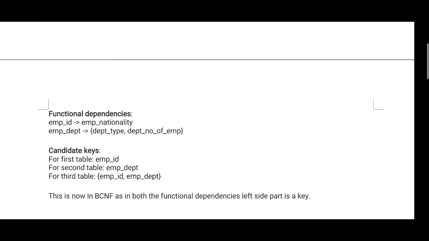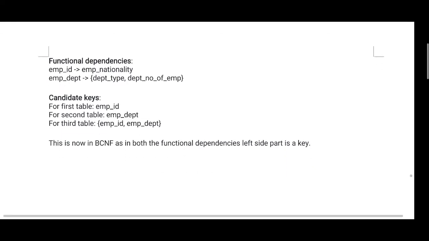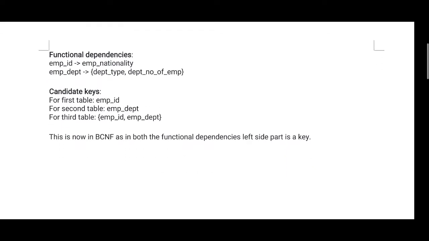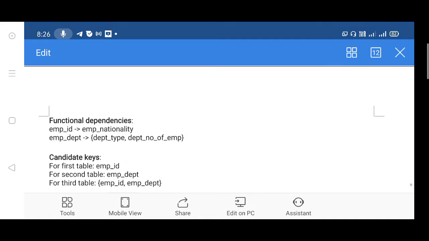Candidate keys are, first table employee ID, second table employee department, third table employee ID and employee department. This is now in BCNF as both the functional dependencies' left side part is a key.